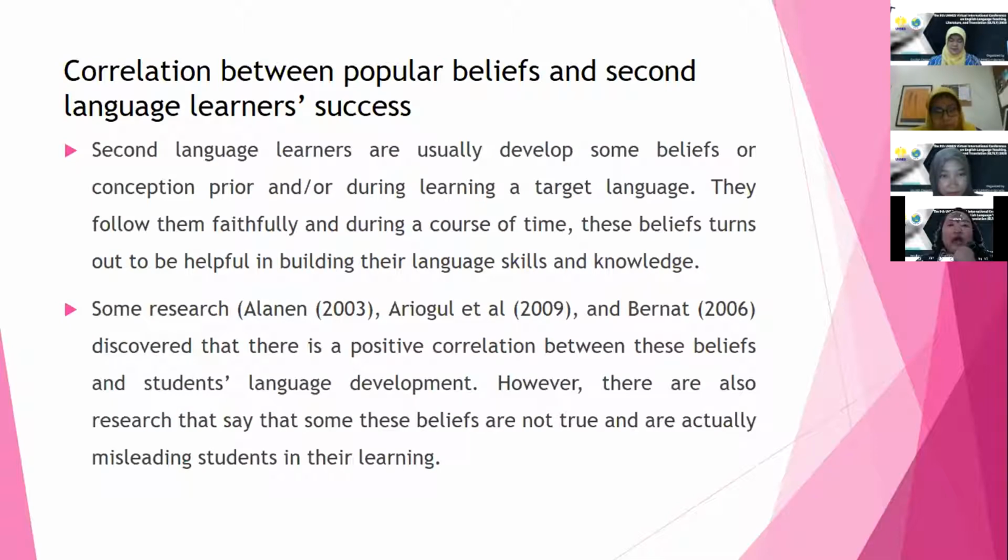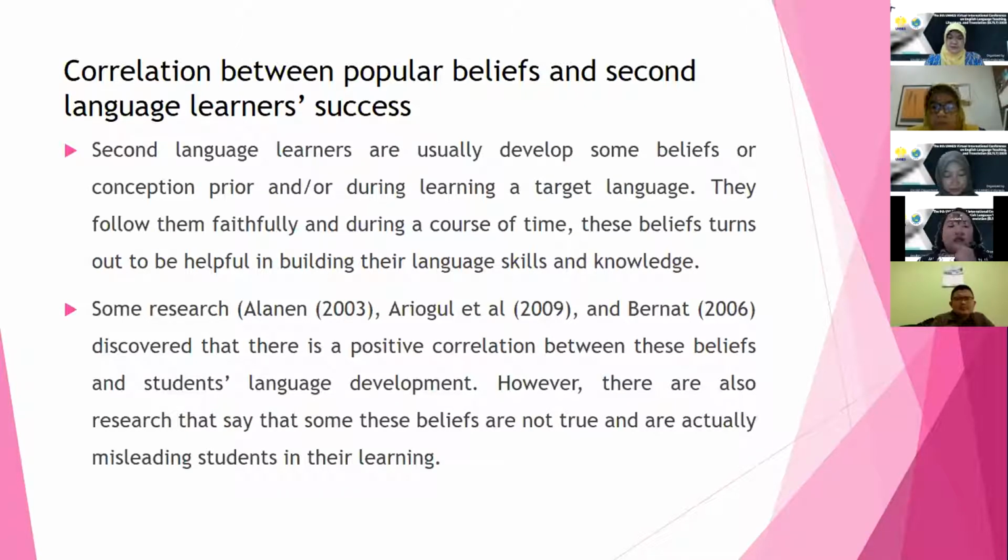So why do we correlate? Is there any correlation between popular beliefs and second language learner success? Second language learners usually develop some beliefs or conceptions prior to and or during their learning of the target language, for example, English. They follow them faithfully, and over the course of time, these beliefs turned out to be helpful in building their language skills and knowledge.